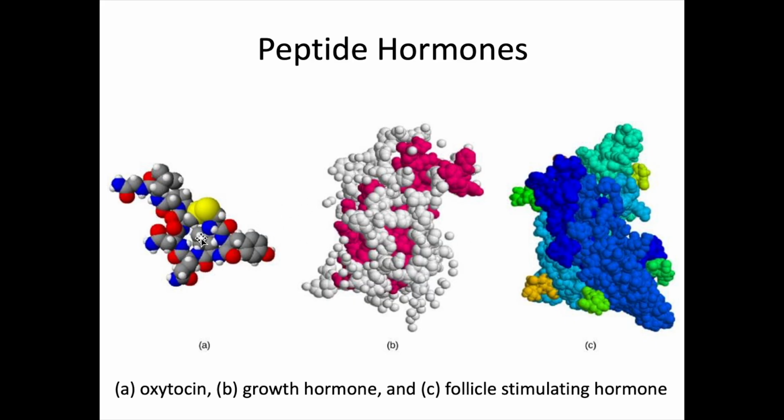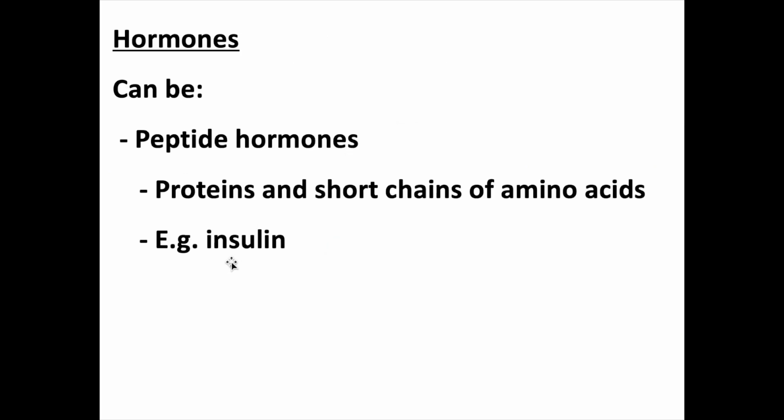But yeah, they do the same job as the other things. They're messengers. They're signaling molecules. And a good example of this is insulin, which we'll actually talk about later today, involved in maintaining homeostasis of glucose in the blood. But yeah, peptide hormones are proteins, chains of amino acids, and insulin's a good example of a peptide hormone.